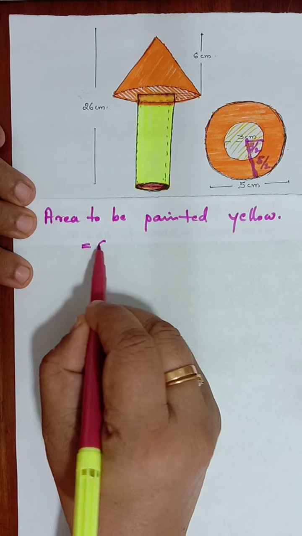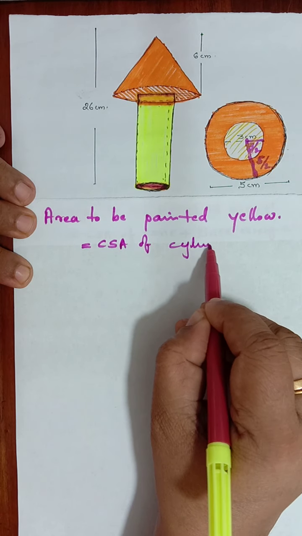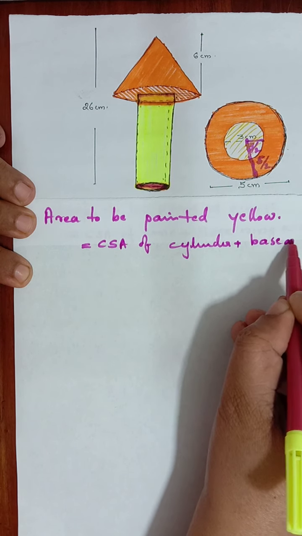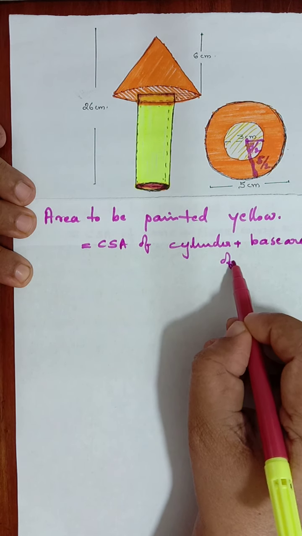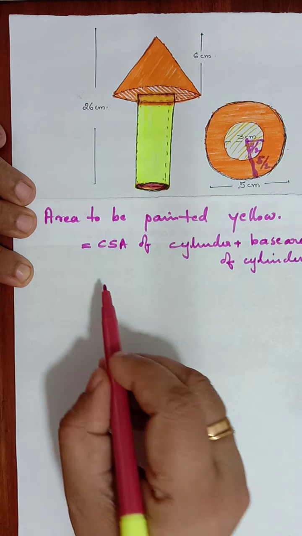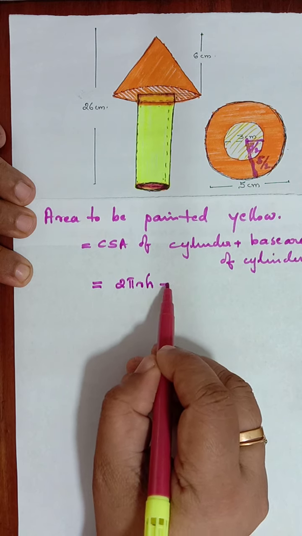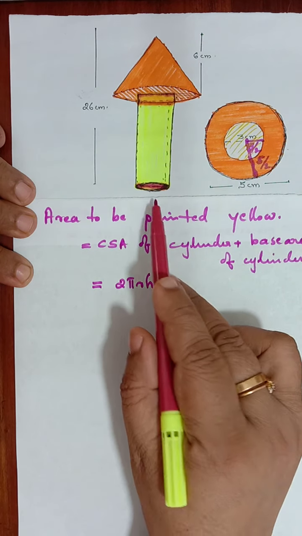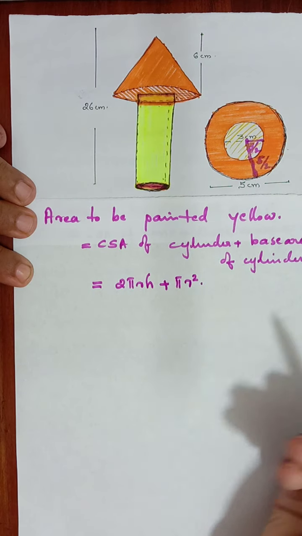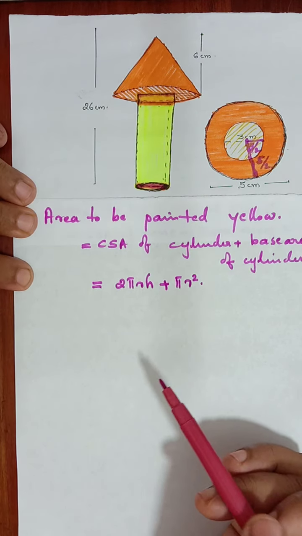The CSA of the cylinder formula everybody knows, it is 2 pi RH plus the base area of the cylinder, it is pi R square. It is not a ring, it is circular in form. Area of the circle is pi R square.